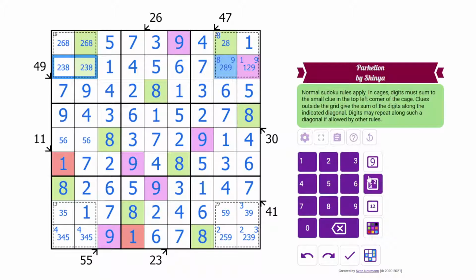The 3 has to go there. Come on, come on, come on. Come on, just collapse.